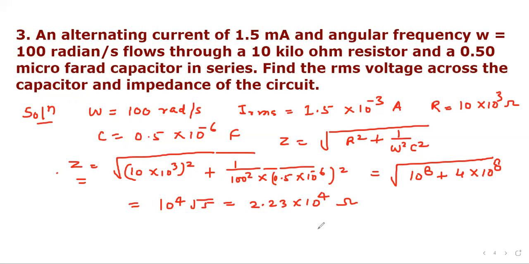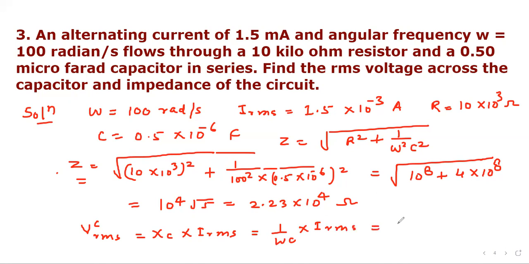Now we have to find out voltage across capacitance. VC RMS will be equal to XC times IRMS. So XC is 1 upon omega C times IRMS.